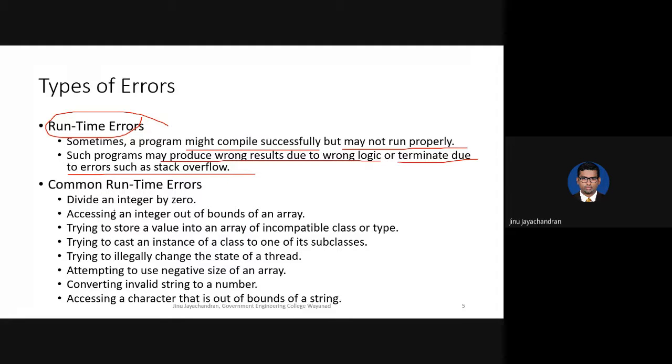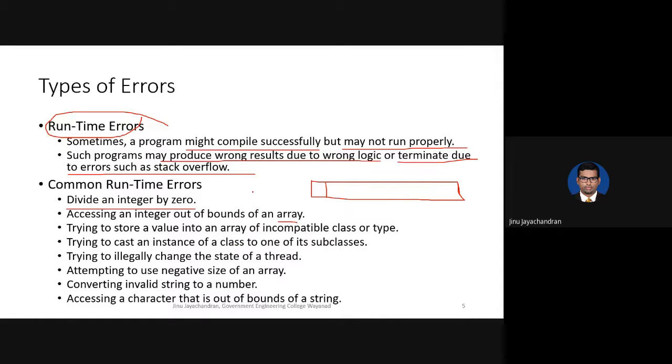Common runtime errors, the most common being division by 0. And then arrays, which we have not looked at yet. Array means, assume that this is a memory location. When you declare a variable, one memory location will be assigned to you.